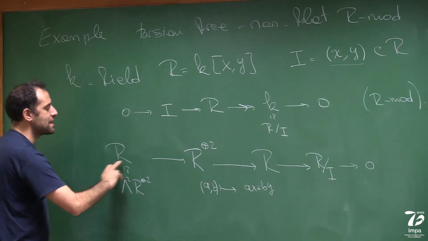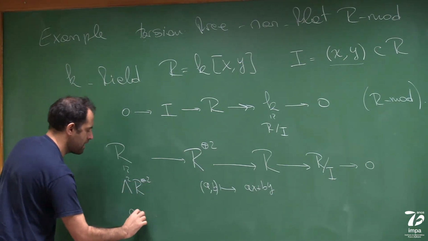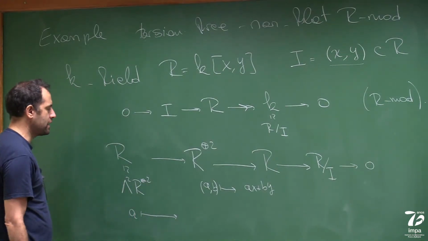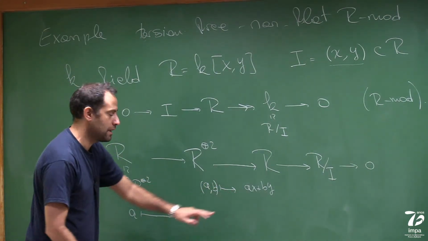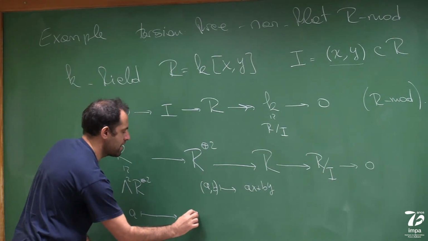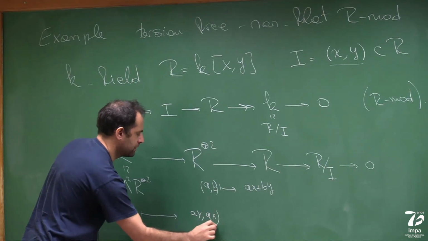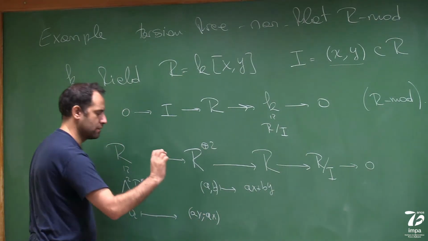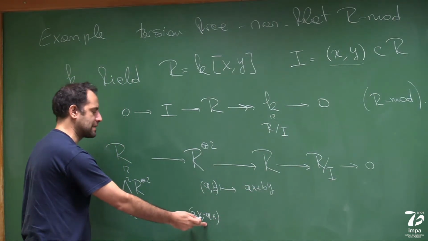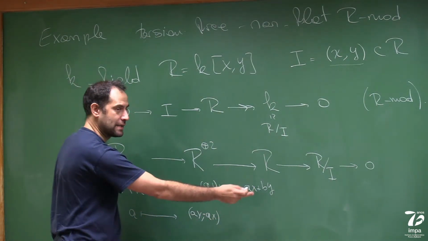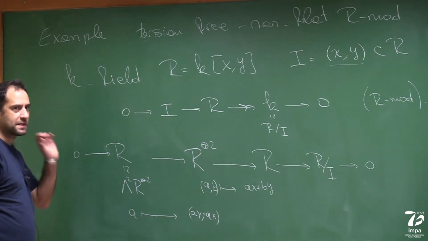And the map from here to here sent A to, well, I needed something so that I could kill it here, so I would send it to (AY, AX), and then probably I needed a minus sign somewhere. You can put a minus here and keep the plus there, or the other way around, it doesn't matter. And this sequence was exact.